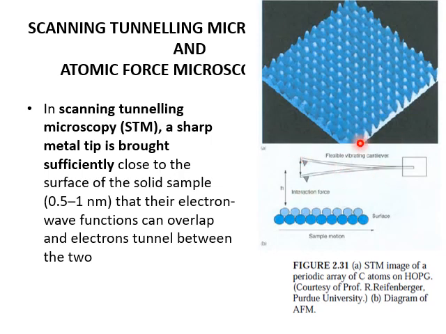This image of the carbon is formed by STM. In scanning tunneling microscopy, a short metal tip is brought sufficiently close to the surface of the solid sample that their electron wave functions can overlap and electrons tunnel between the two. This is again the function of STM.